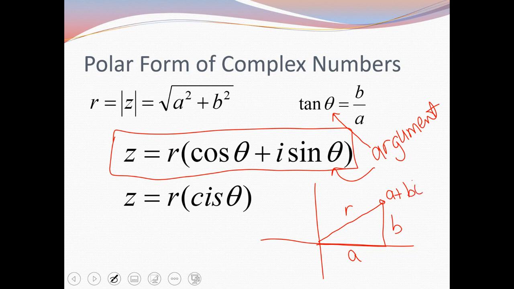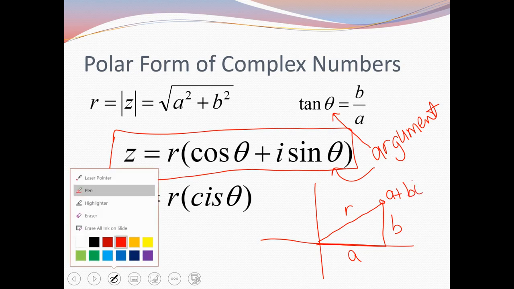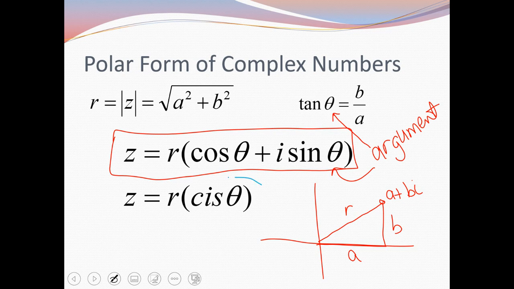Now, this down here, let me just change colors for fun. This down here is not in your book, but if you get really tired of writing it, or you may see this in other books when you go into higher level math, anytime you see the abbreviation cis, every polar form is in the form r cosine theta plus I sine theta.